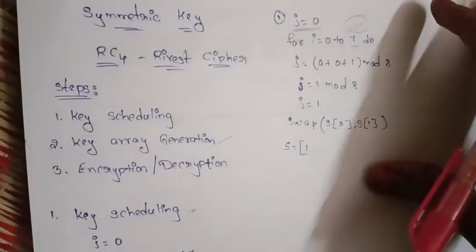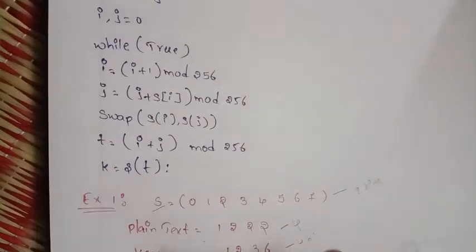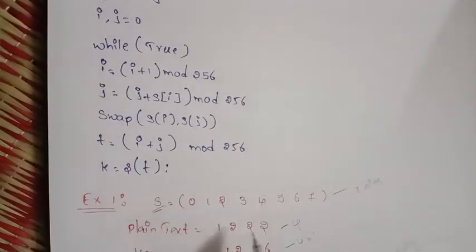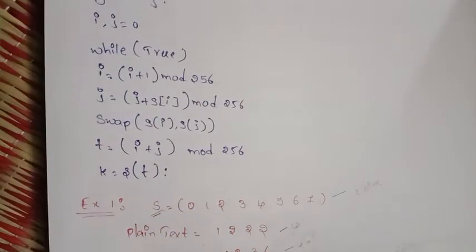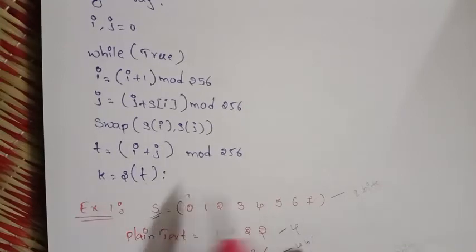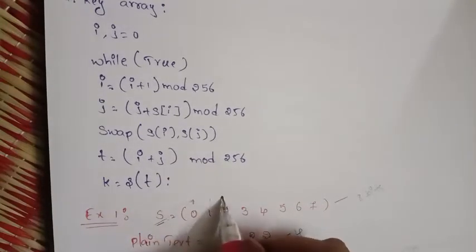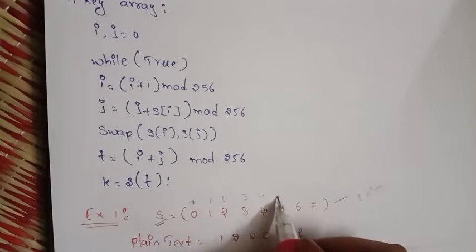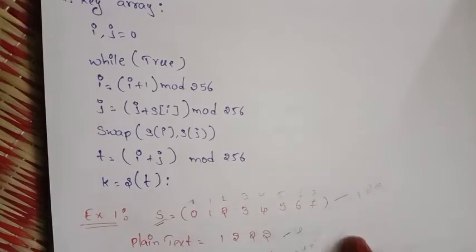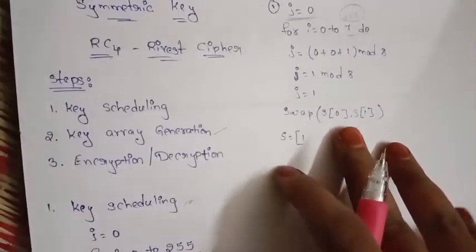It means the S array only consists of 8 bits, guys. So the length is from 0 to 7.